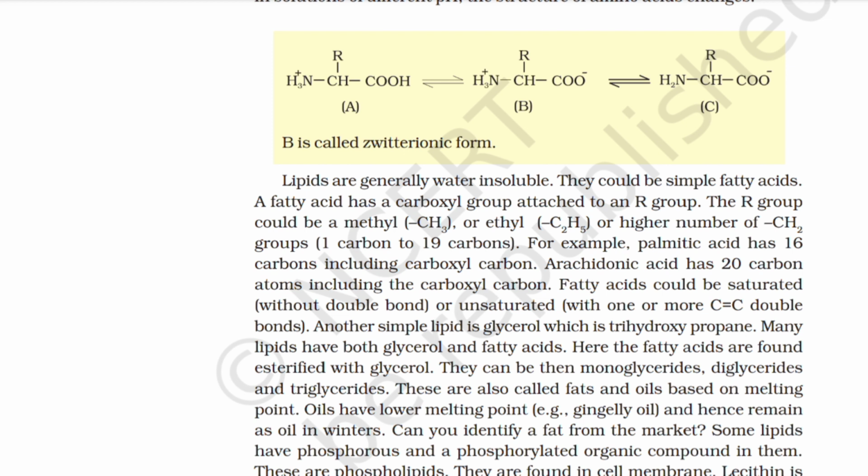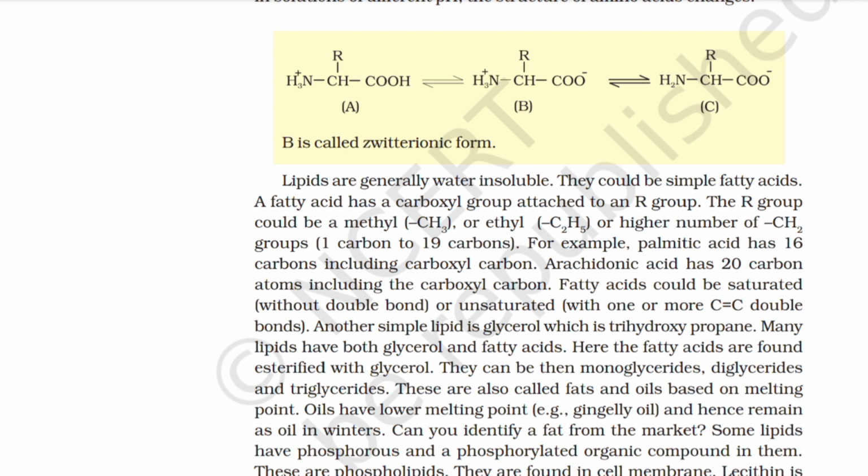Lipids are generally water insoluble. They could be simple fatty acids. A fatty acid has a carboxyl group attached to an R group. The R group could be a methyl CH3 or ethyl C2H5 or higher number of CH2 groups, 1 carbon to 19 carbons.